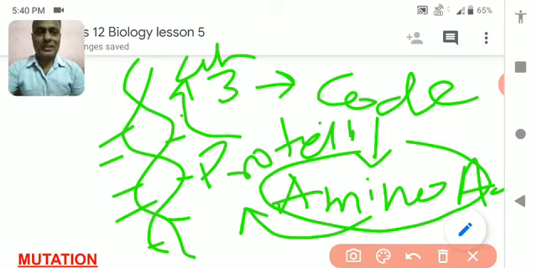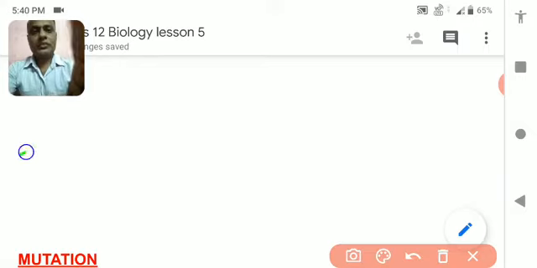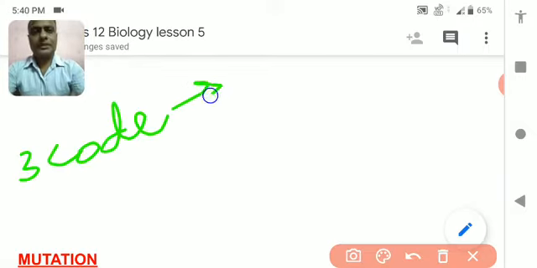Once again, may I repeat it to make you understand. Three nucleotides make a code, and a code makes an amino acid.